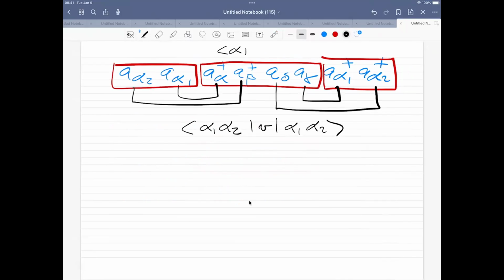The matrix element goes like alpha, beta, V, gamma, delta. So that's one possible contraction, okay? These quantities which we have here are just integrals. And we have assumed that there is a symmetry as well. So if I interchange alpha 1 and alpha 2, that should be the same, due to the invariance under the permutations of two particles.